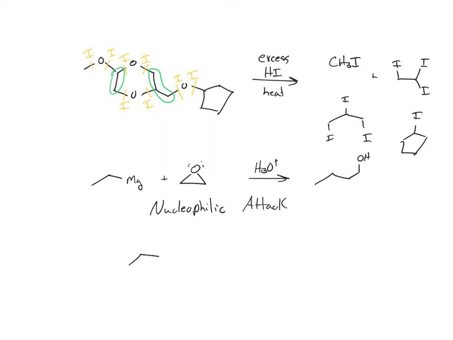But what happens if I gave you something like this? And I had some strong nucleophile, and we follow this by, in this case, I just need water, a proton source instead.